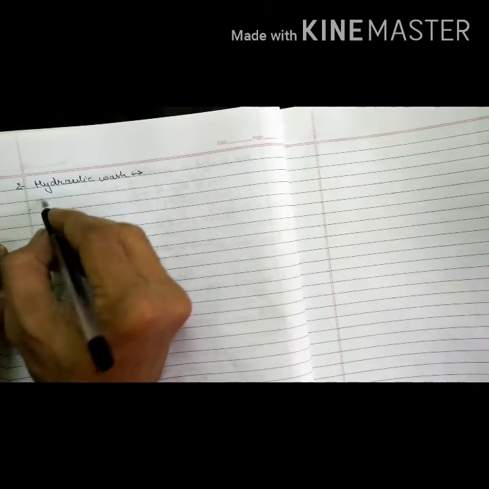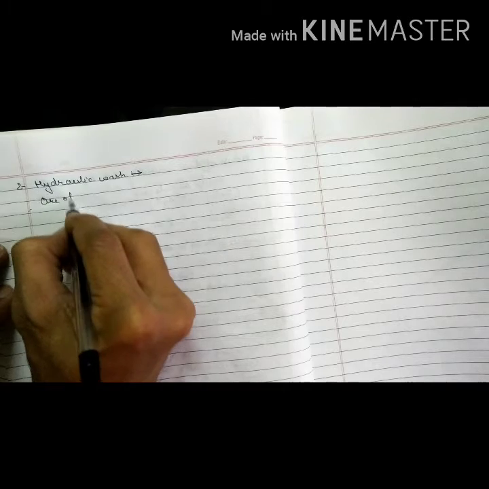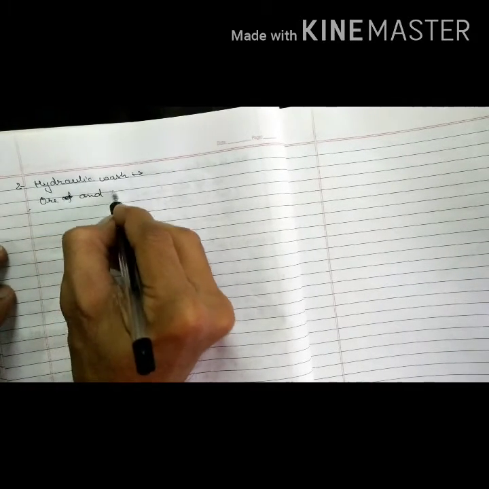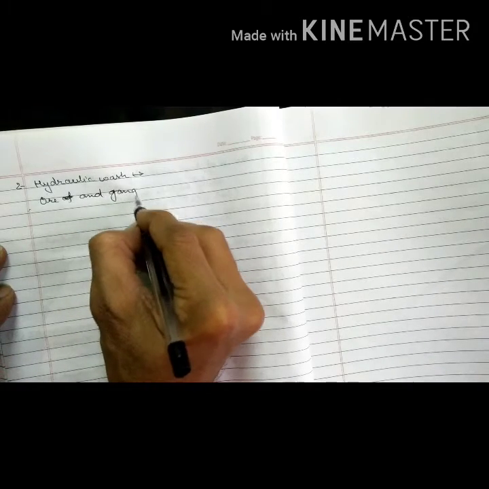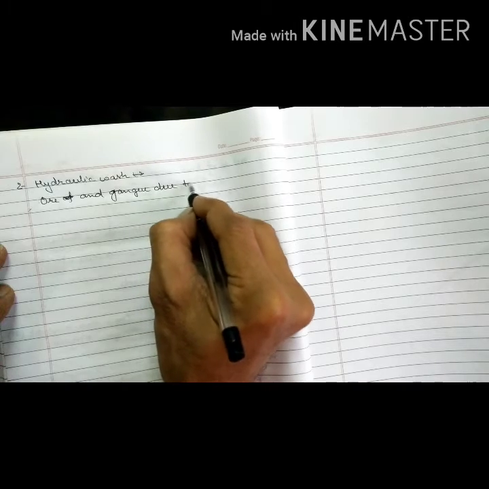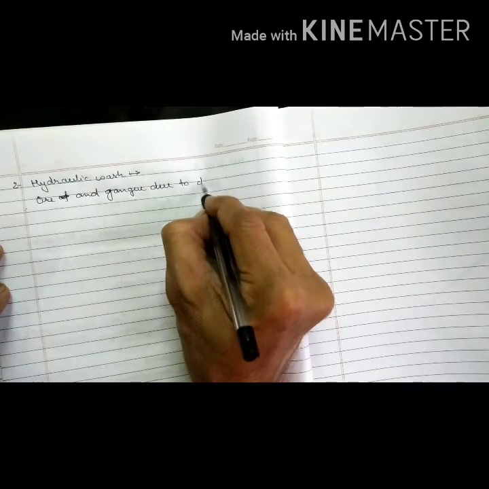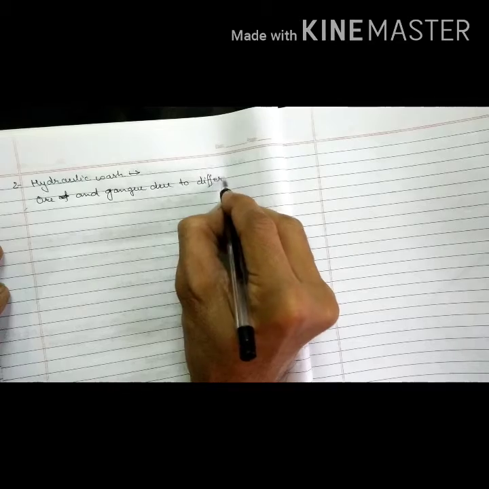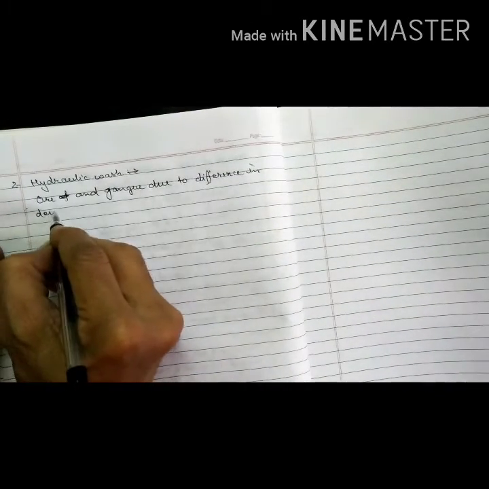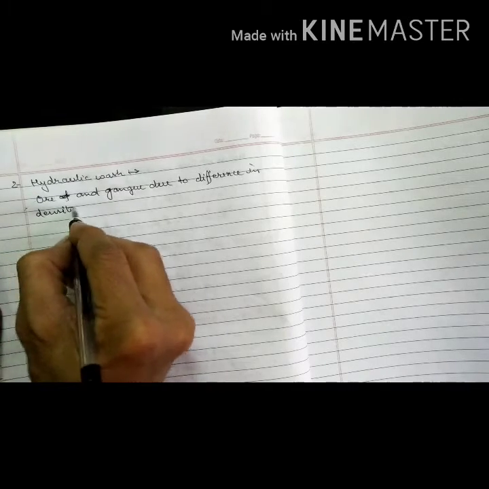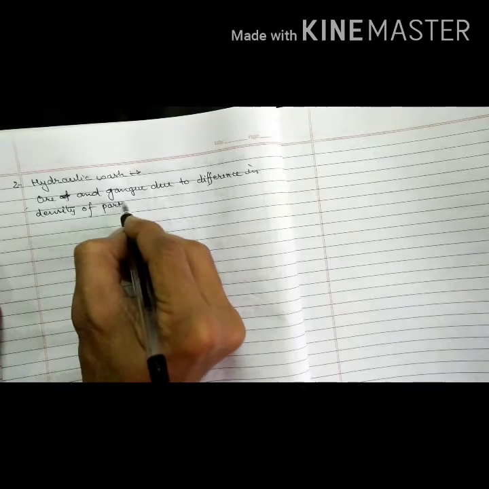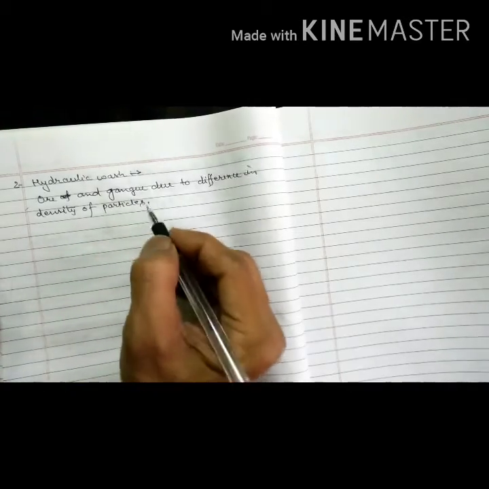The principle is ore and gangue, due to difference in density of particles, can be easily separated out.